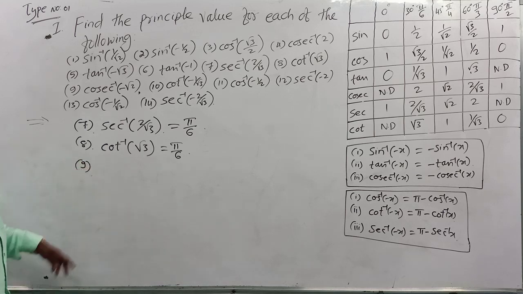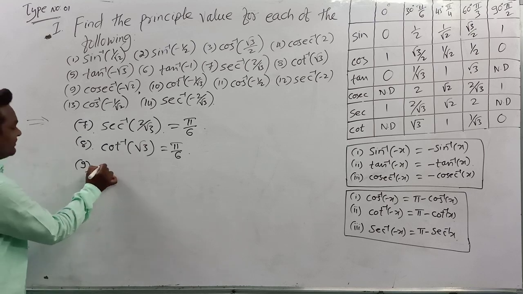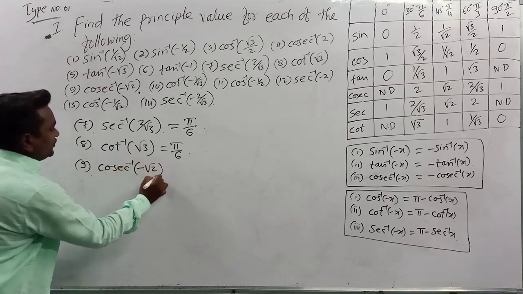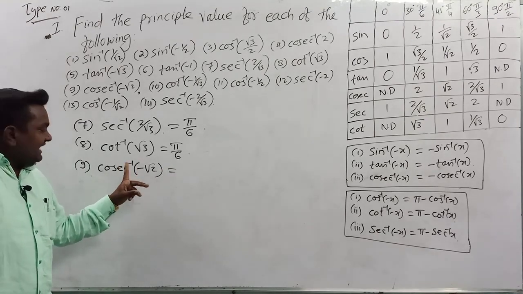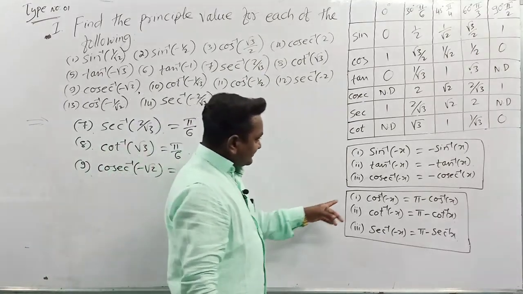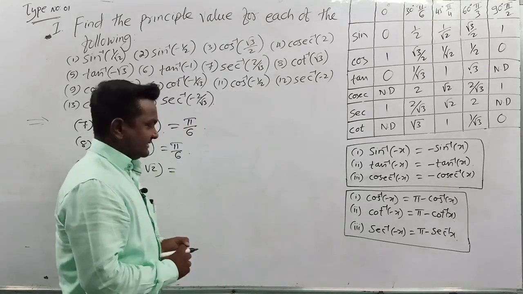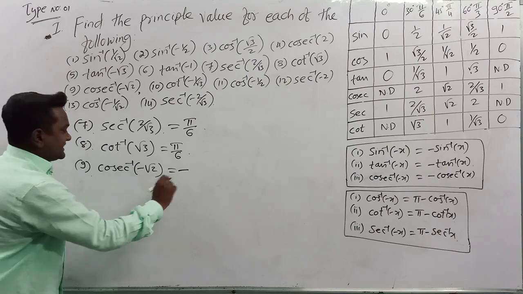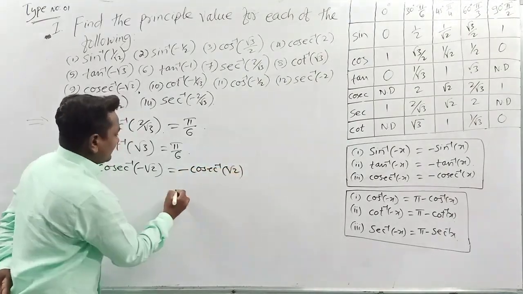Ninth one is cosec inverse minus root 2. Now here a negative sign is there, you have to cancel out this negative sign. So cosec inverse minus x equal to what? Minus cosec inverse x. By using that property it becomes minus cosec inverse root 2.